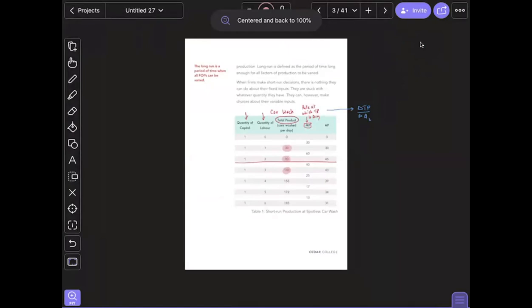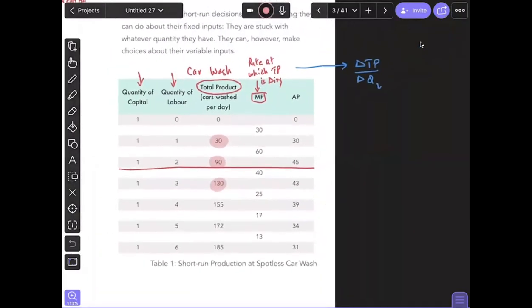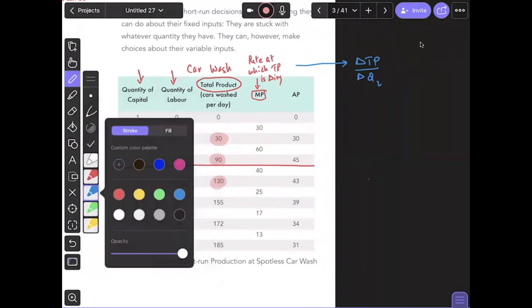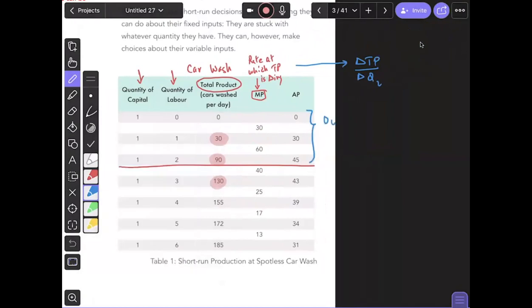We came up with these MP values. We said that when you hire the first worker, the number of cars cleaned is 30. With the second worker, the number went to 90, which means 60 extra, and then 40 extra, and then 25. So for the first two workers, we found out that the output is increasing at an increasing rate.